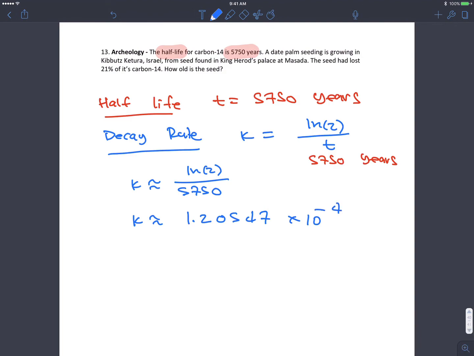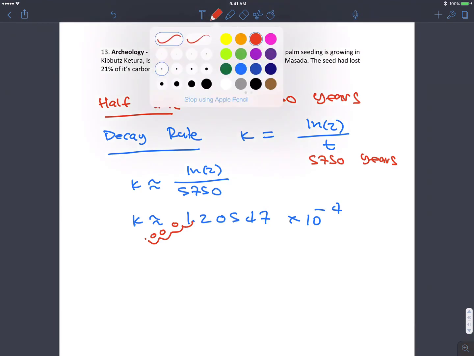Let's double check. Natural log 2 divided by 5,750 years. Yes. So we're going to have to move the decimal here, 4 spaces, and 3 zeros.